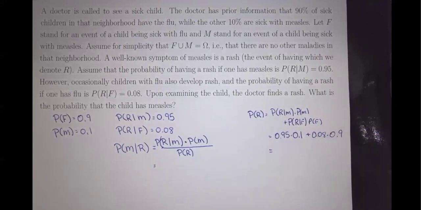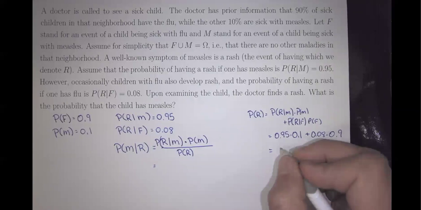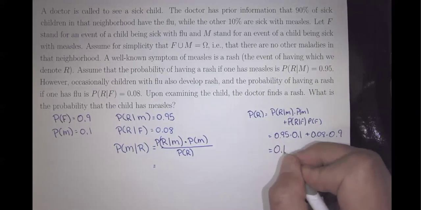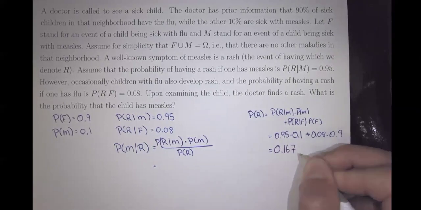And we plug that into our handy dandy pocket calculator. We get 0.95 times 0.1 plus 0.08 times 0.9, 0.167.